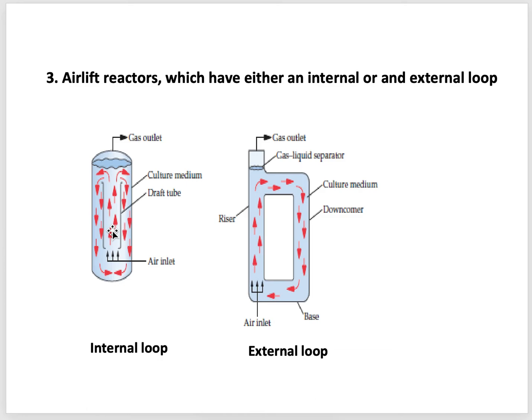This is called gas disengagement. The oxygen is transferred from the bubbles to the cells by gas disengagement. Another gas disengagement also occurs at the top. When the fermentation process runs, toxic or bad gases are also produced, like carbon dioxide.